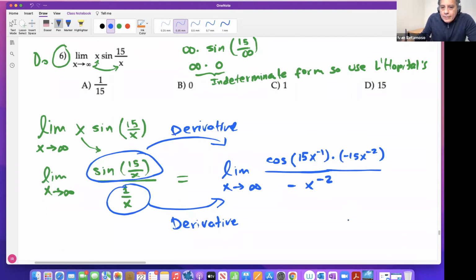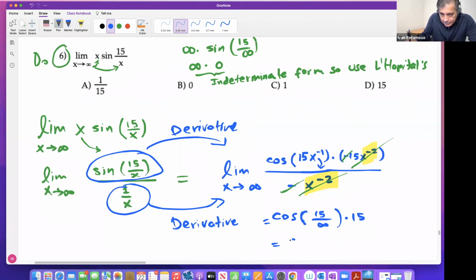Now notice that this and this are the same, so I can cancel them. Minus also cancels with minus. What is left is 15 times this. Now do the substitution: cosine of 15 over x, where x is infinity.